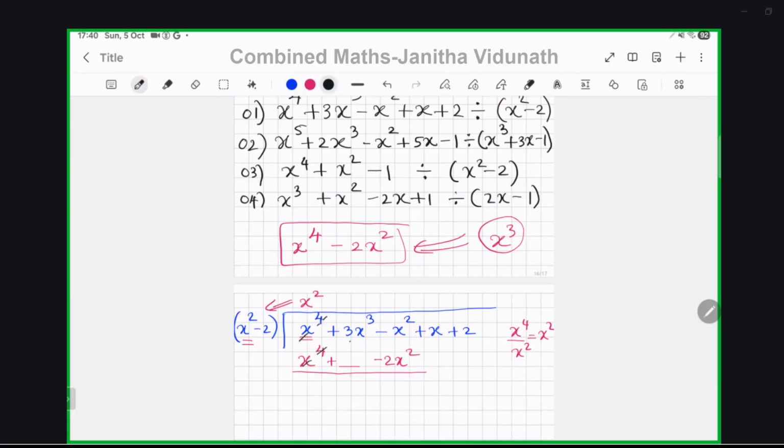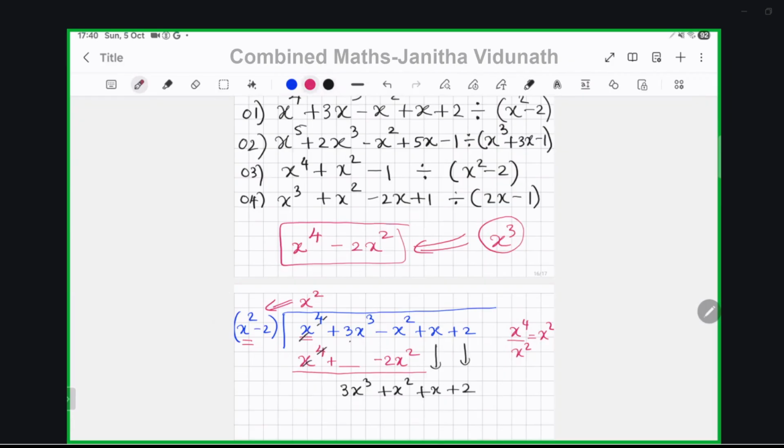Then here 3x cube minus 0x cube means 3x cube. Here minus x square minus 2x square means plus x square. And we need to bring down those two terms, plus x plus 2.